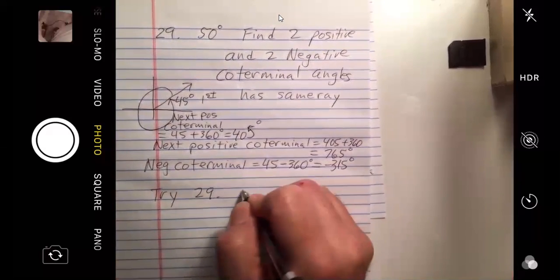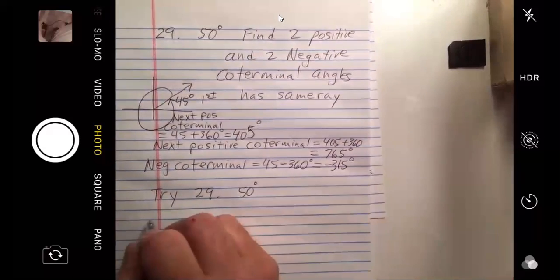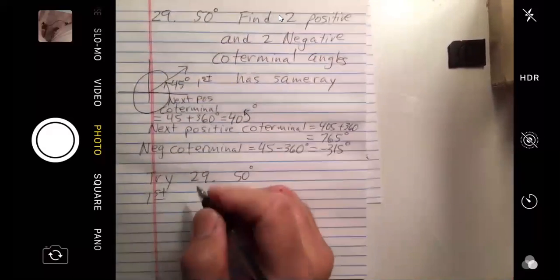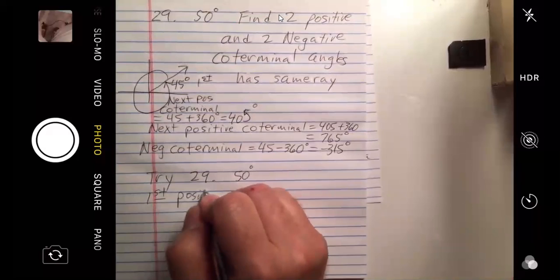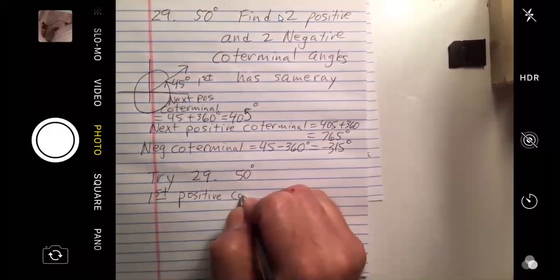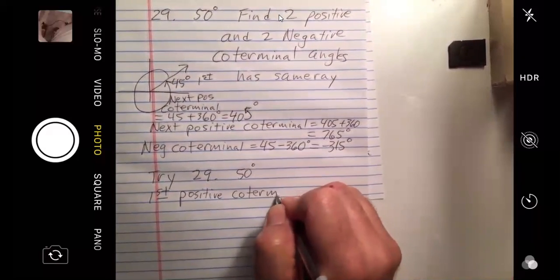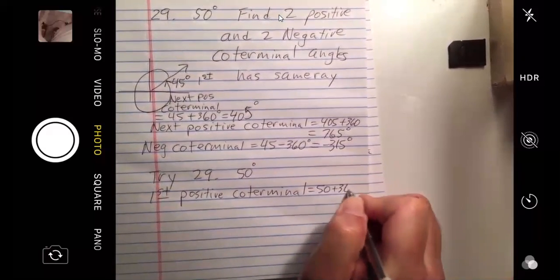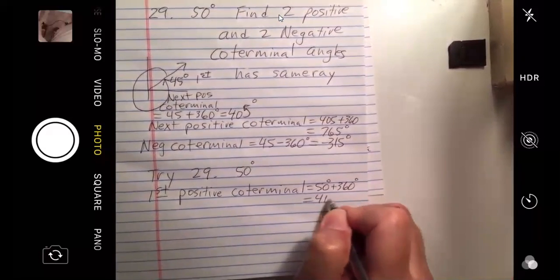So try 29, 50 degrees. Your first positive coterminal: 50 add 360, aren't you going to be at 410? 50 degrees add 360, 410 degrees.